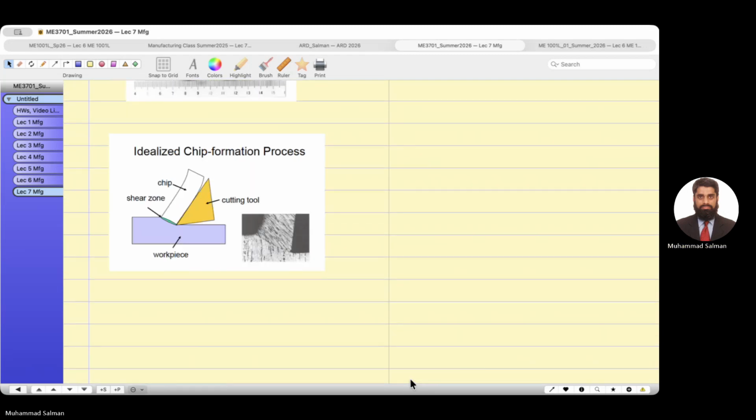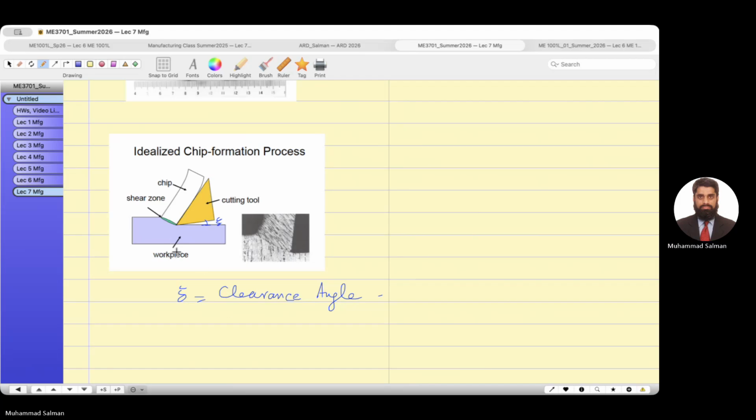The tool is removing the chip. So there are certain angles. This is known as zeta, clearance angle. It is not in contact with the workpiece. It is not grinding, to reduce the friction.